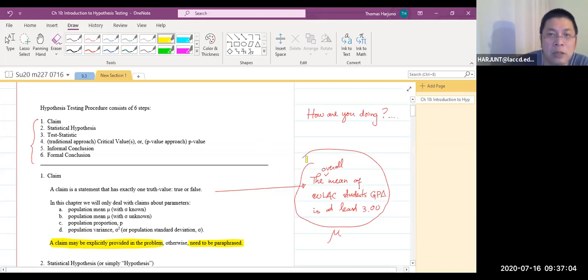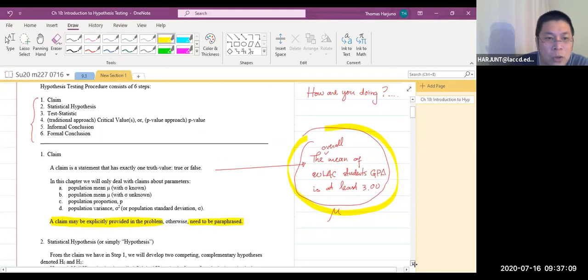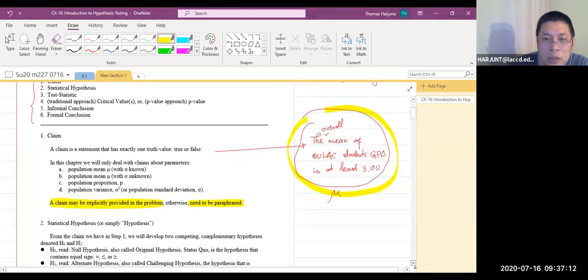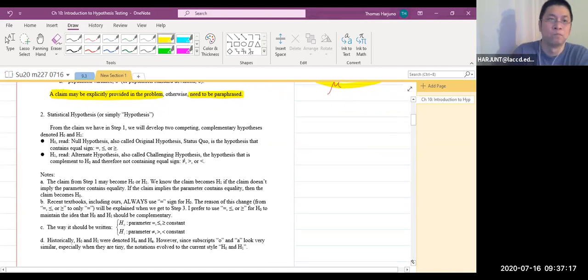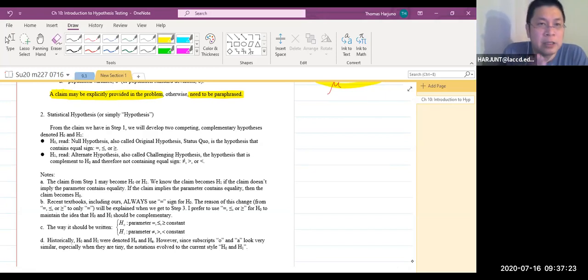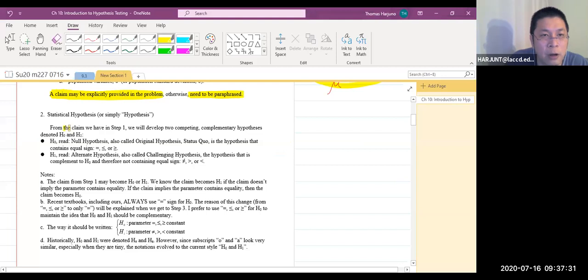Basically something looks like that. Okay, step 2, statistical hypothesis. This one we get into some complication. Statistical hypothesis, or simply hypothesis, is derived from the claim that we have in step 1. We will develop two competing complementary hypotheses denoted by H0 and H1.